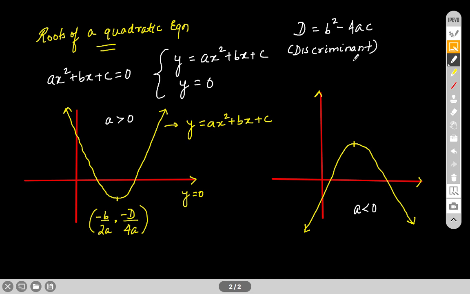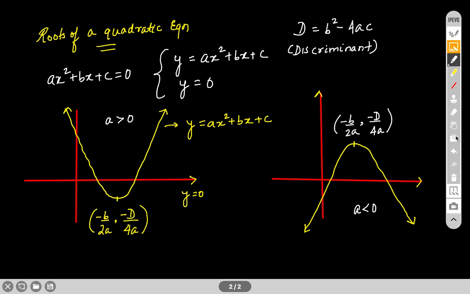Because it discriminates between the nature of the roots. So irrespective of whether the parabola is opening upwards or downwards, this is going to be the coordinate of the vertex. Correct? Yes or no?